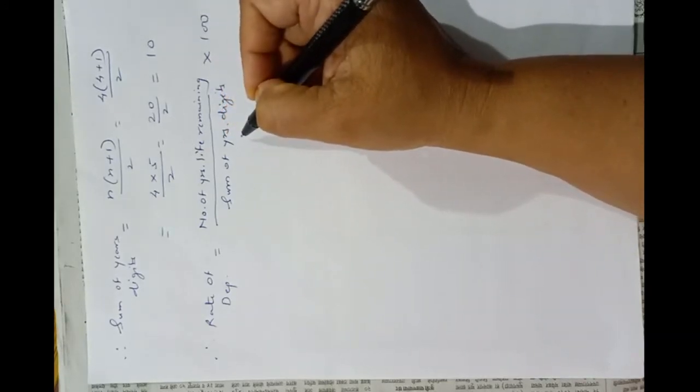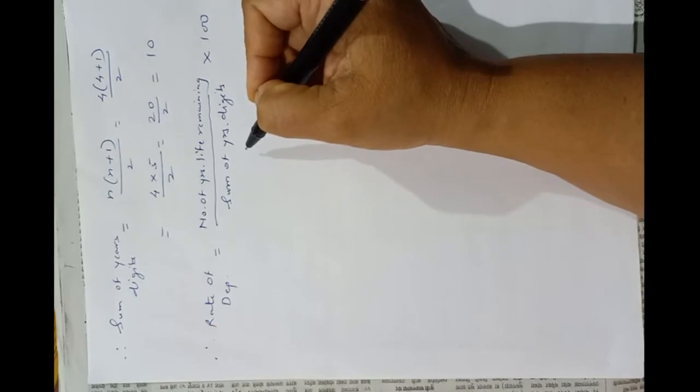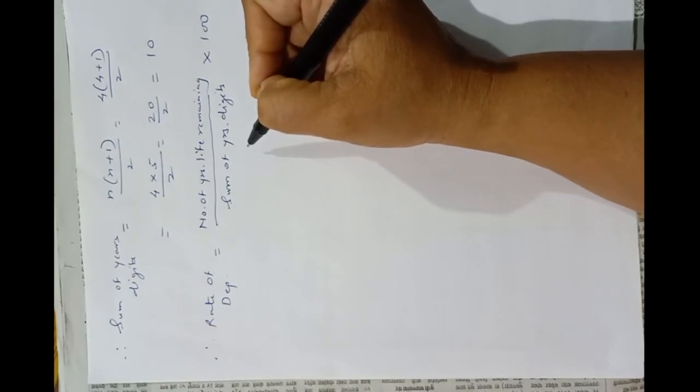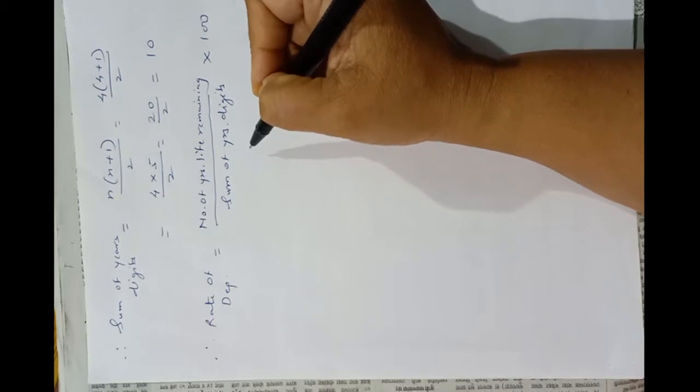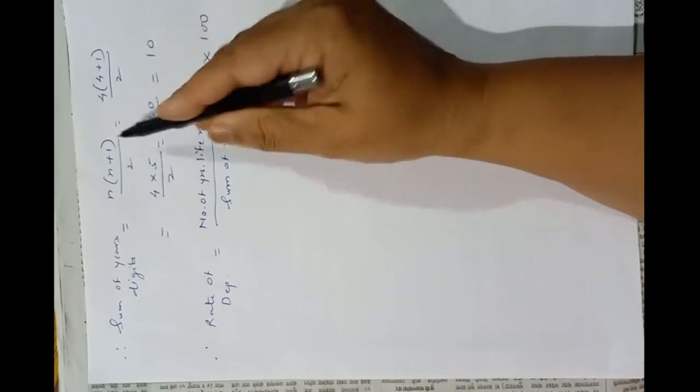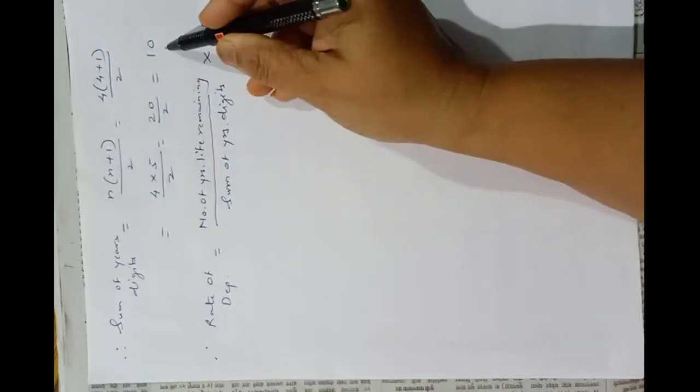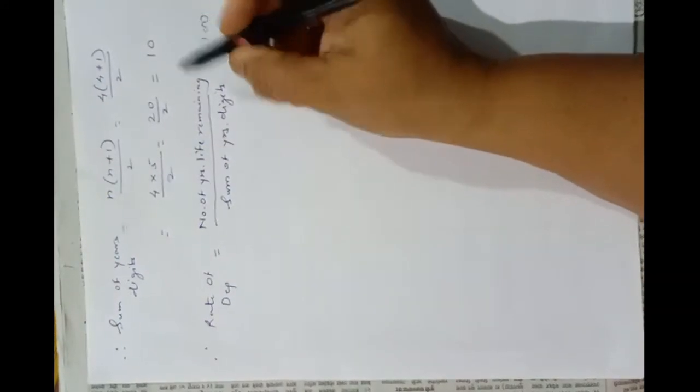See, when we say 4 years, first there will be 4 years of life remaining, then 3, then 2, then 1. So 4 plus 3 plus 2 plus 1, as we saw in the example, it is 10. Okay, so we have calculated this sum of years digits by using the formula: 10.